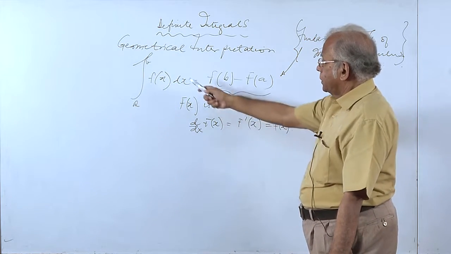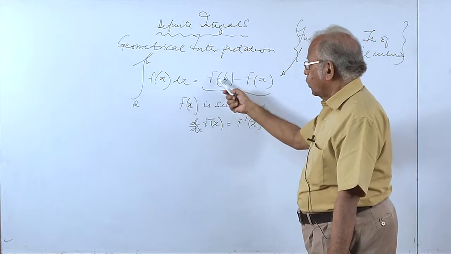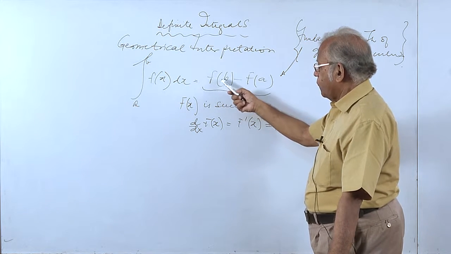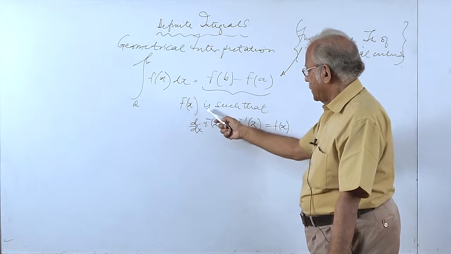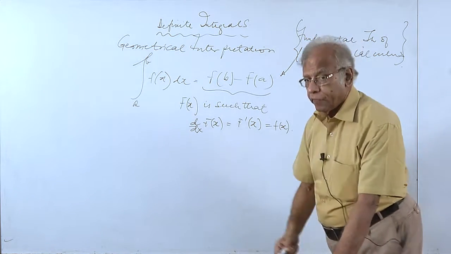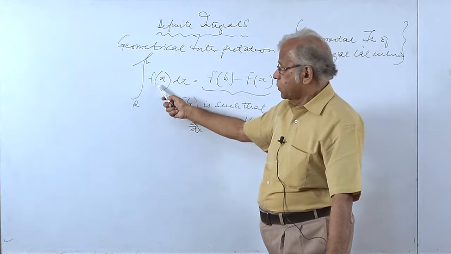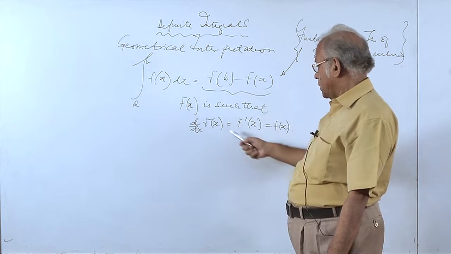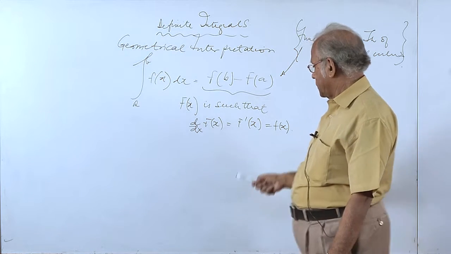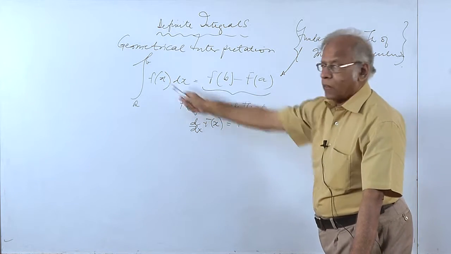Now, this can be shown to be equal to capital F(b) minus capital F(a), where capital F(x) is an antiderivative of small f(x). In other words, if we differentiate capital F(x), d/dx of capital F(x) is small f(x).